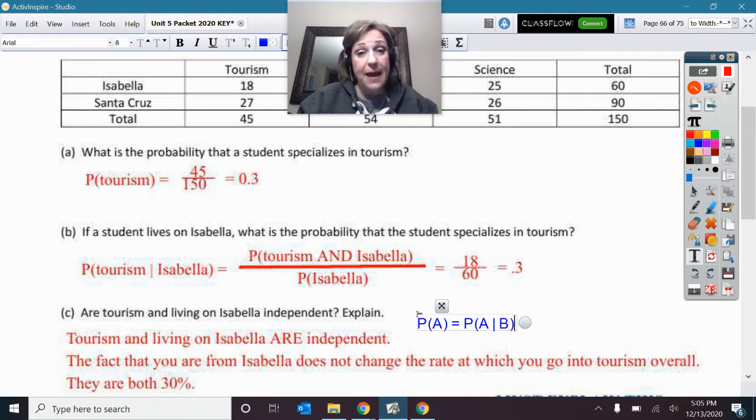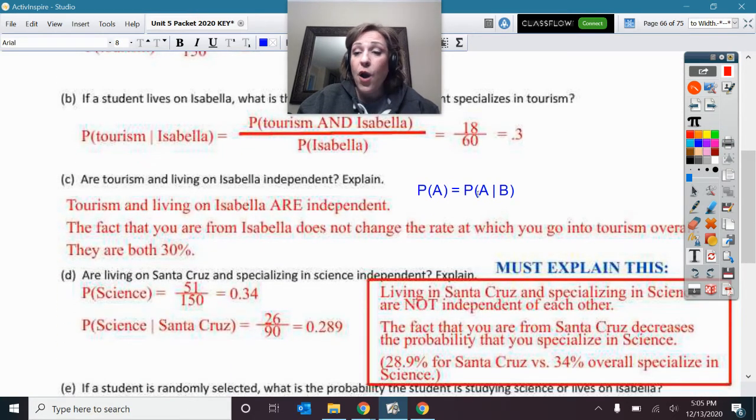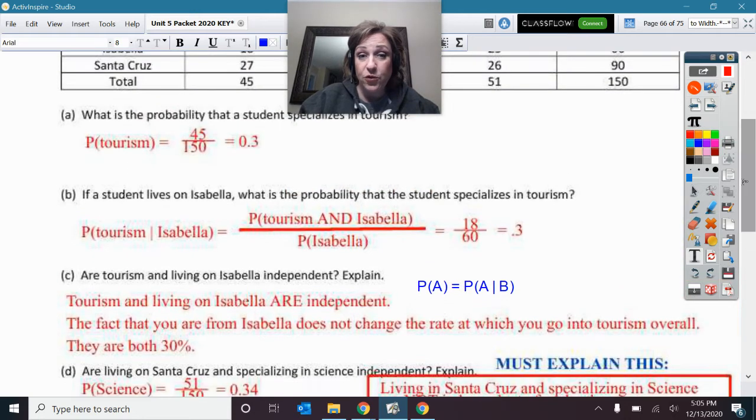So, does the fact that B has happened change the probability of A? So, in this case, the first two questions kind of led you to that point. If I say overall tourism, right here, that's A, and then tourism given Isabella, that's A given B. Well, look, those two percentages were the same. So I kind of didn't have to redo this problem. A and B did it.